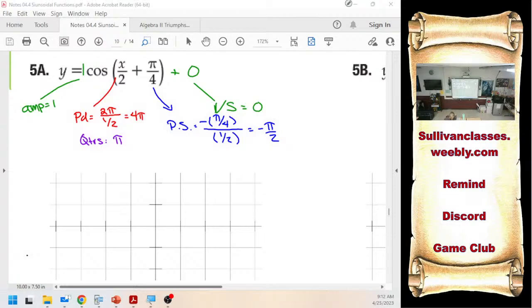Because we have to get to 4 pi. No, we don't. Because you'll get there. You're just showing 2 periods of it. Those 2 periods don't have to go to a particular value. As long as you see 2 periods of it, you're good.